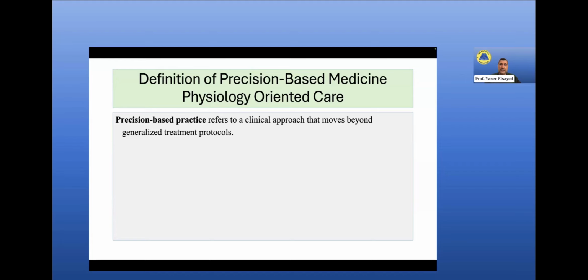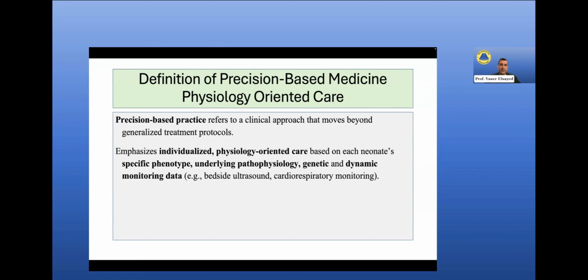That's okay, strong evidence, but it's not the same when you are talking about hemodynamics, pulmonary hypertension, or PDA management. So it emphasizes individualized, physiologic-oriented care based on each neonate's or patient's specific phenotype, understanding pathophysiology, also genetic and dynamic monitoring data.